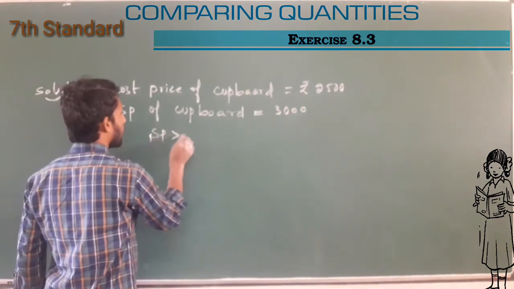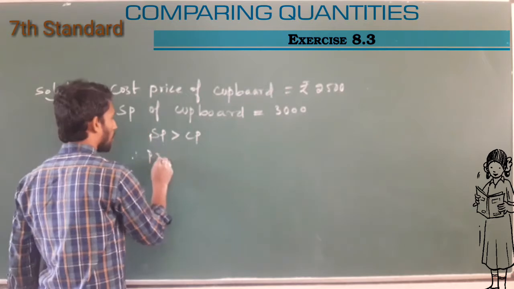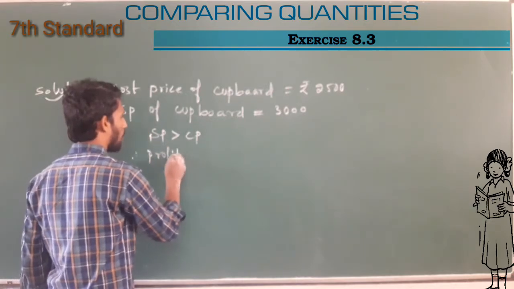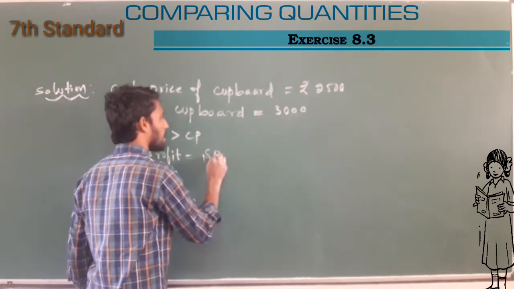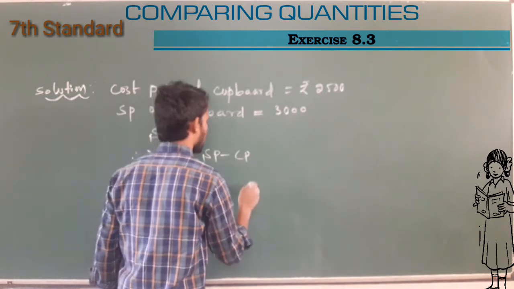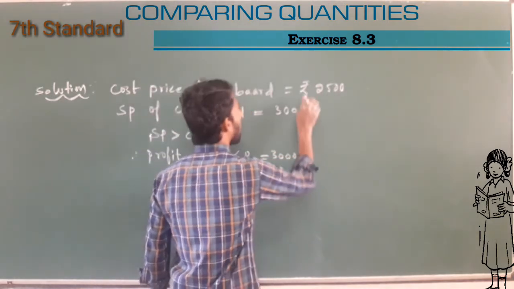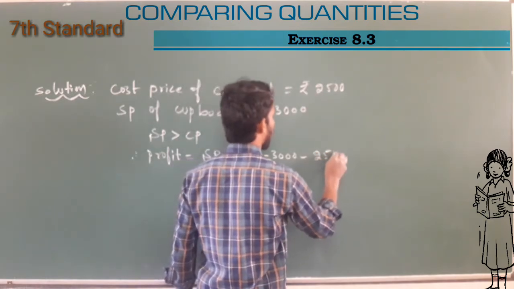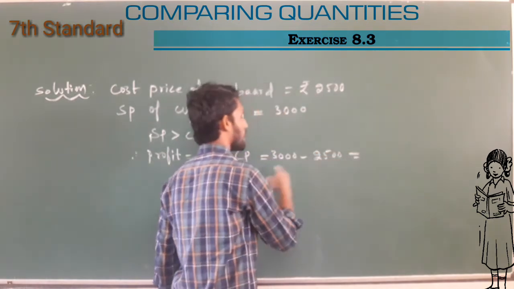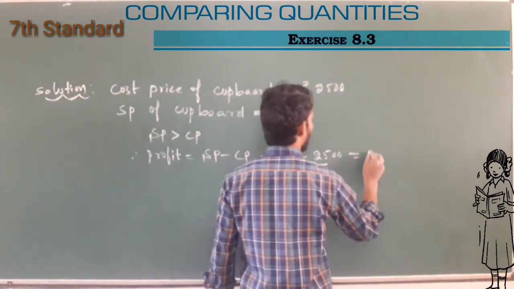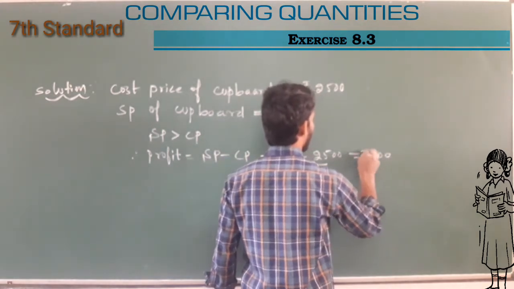Selling price is greater than cost price, therefore profit is equal to selling price minus cost price. Selling price is 3,000 rupees. Cost price is 2,500 rupees. When we do the subtraction, we get 500 as profit.